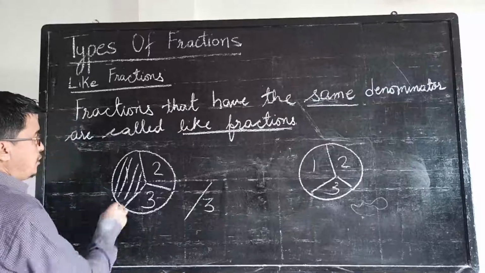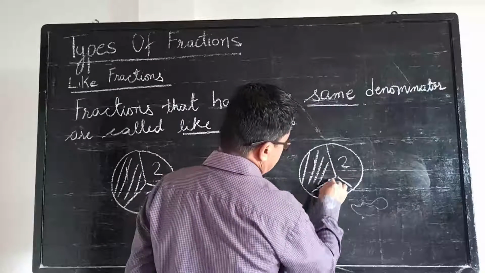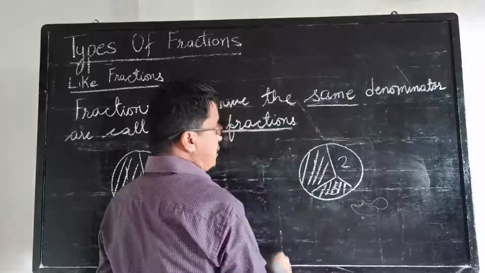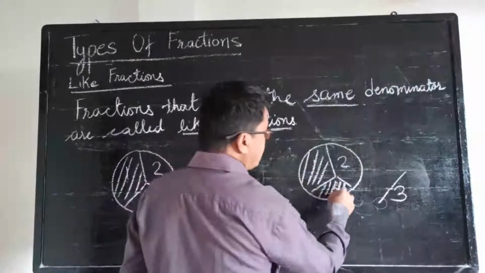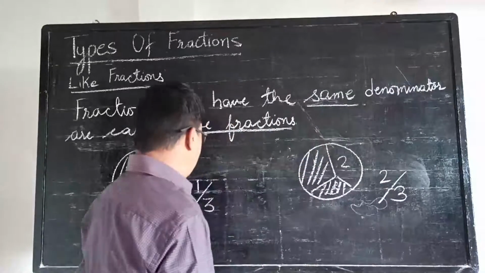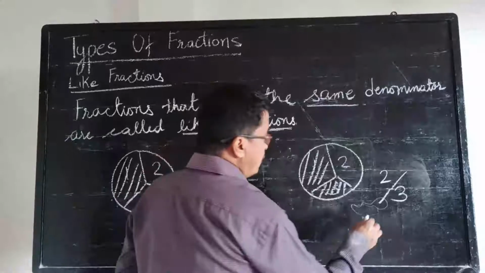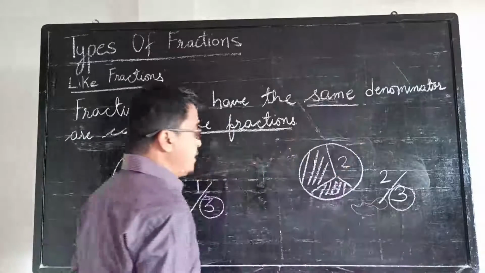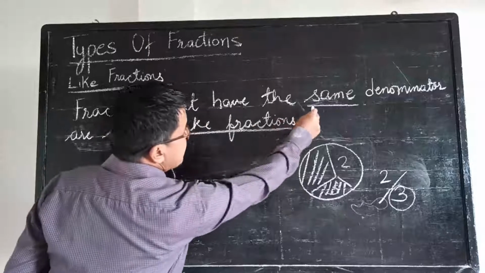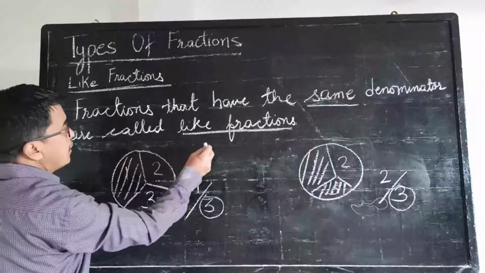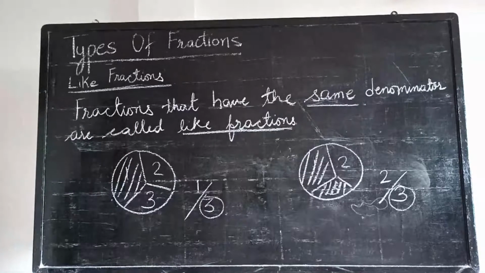How many parts are shaded? 1. 1 upon 3 here. Here, how many parts does this have? 1, 2, 3. Out of these 3 parts, how many parts are shaded? 1, 2. So 2 upon 3. So look at the denominator. Here it is 3. Here also 3. The denominators are the same. Therefore they are like fractions. Fractions that have the same denominator are called like fractions.